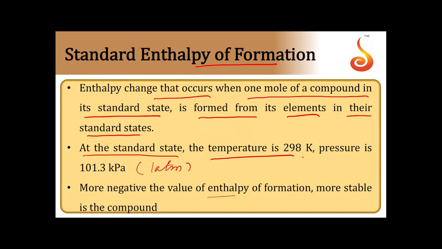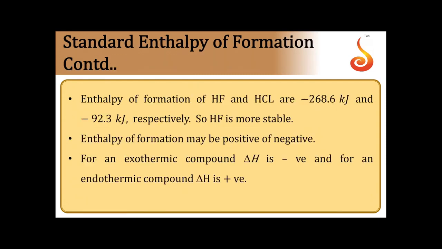The more negative the enthalpy of formation, the more stable the compound. This means exothermic compounds are more stable, that is, the compound has lesser energy compared to the reactants. Lesser energy always leads to a more stable state. Therefore, exothermic compounds are much more stable than endothermic compounds.